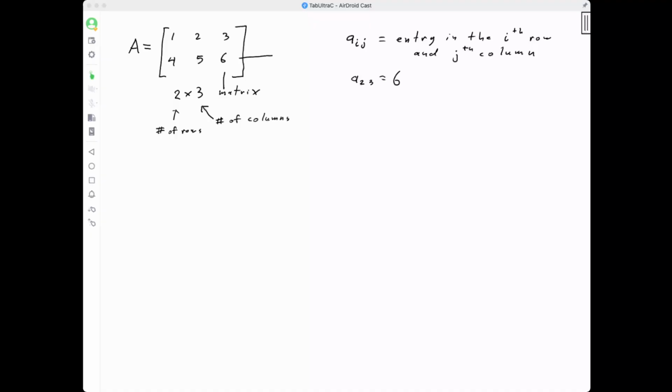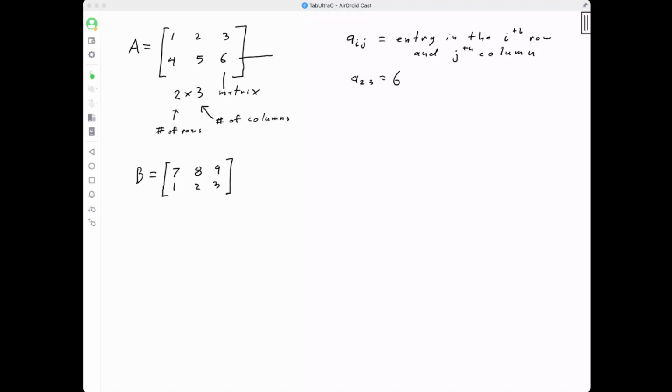So now, once we've got this, we can start talking about how we actually do operations on matrices. For that, we need a couple of matrices. I'm going to define another matrix B, which will have the exact same dimensions, so 2 by 3. And this one, let's say, is 7, 8, 9, and 1, 2, 3.